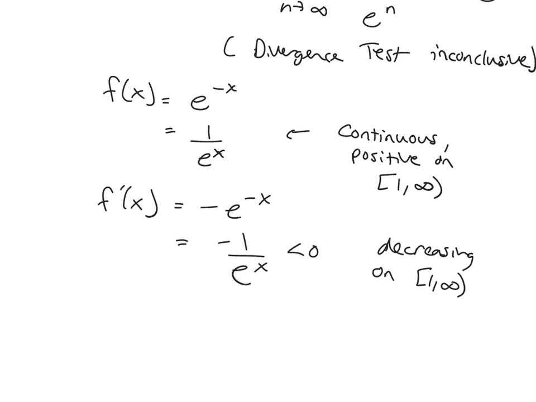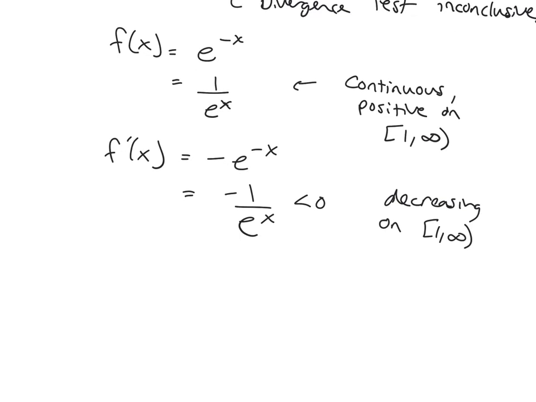So now, let's compute the improper integral of, it was e to the negative x. I put in a limit, right? First step is always with these improper integrals, put in a limit.